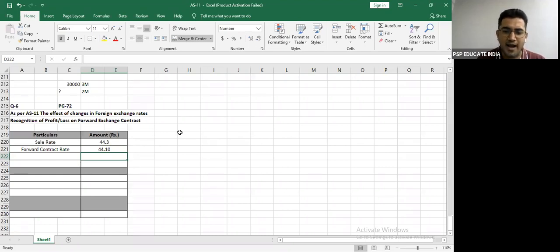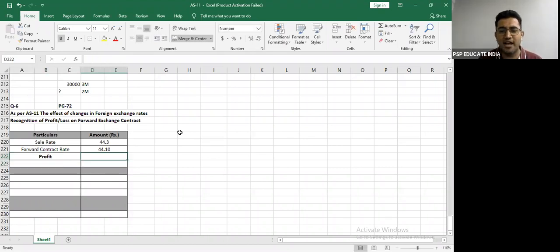So you will buy at 44.1. Okay, quickly on the chat box, please understand. I buy at 44.1. I sell at 44.3. Tell me, gain or loss? Everyone agrees it is gain.